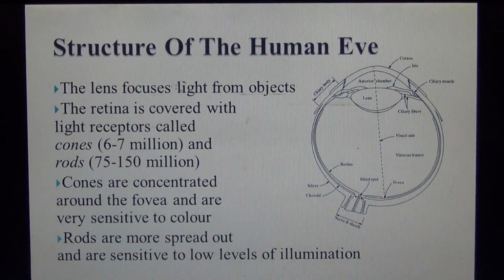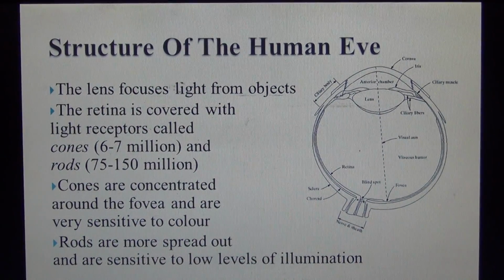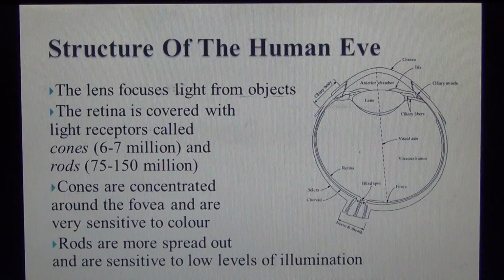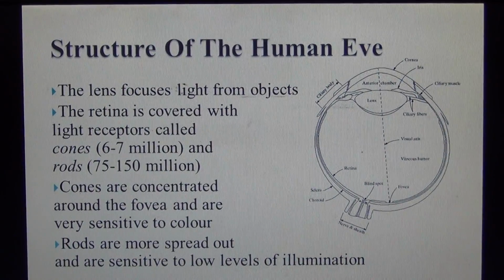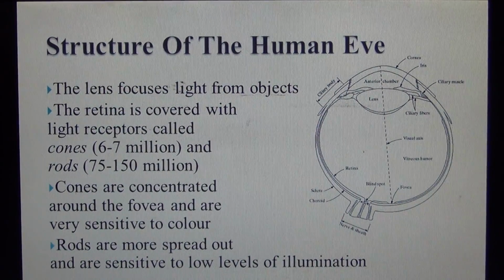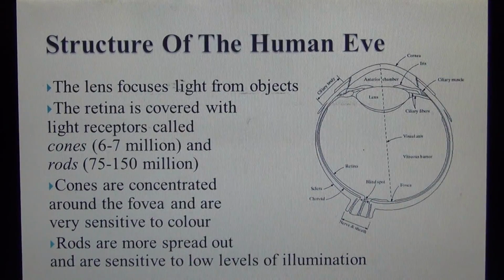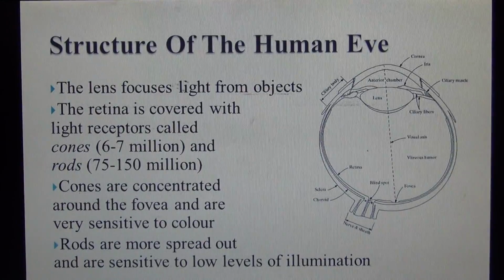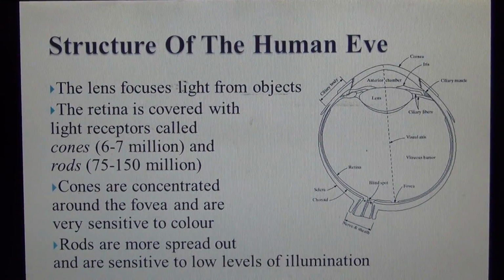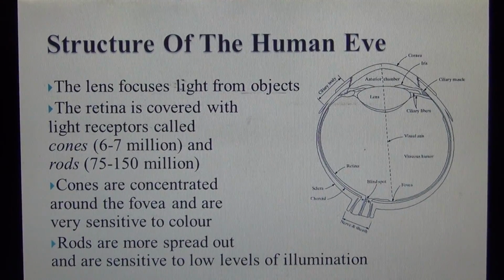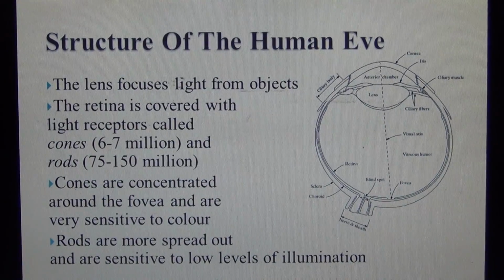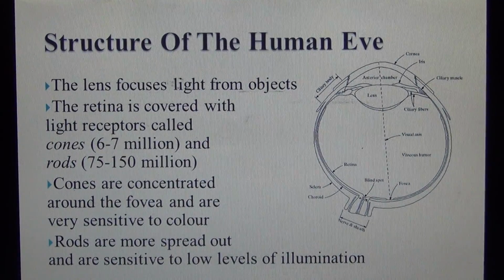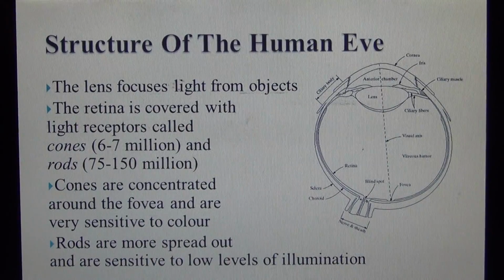It comprises of the lens; the light reflected from the object goes to the lens of the eye, and then the retina is covered with light receptors called cones and rods. The cones are concentrated around the fovea and are very sensitive to color, but rods are more spread out and are sensitive to low levels of illumination, which are responsible for capturing the images.